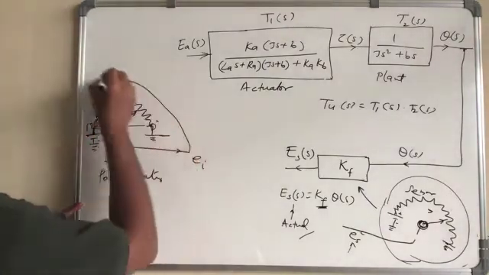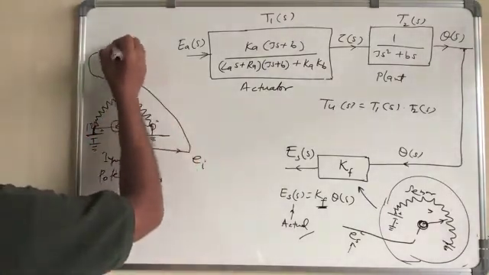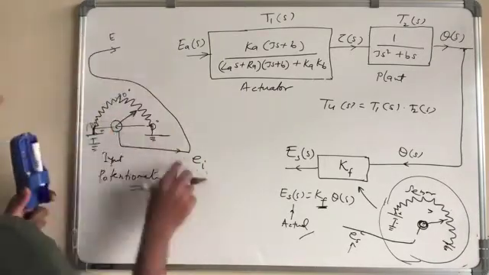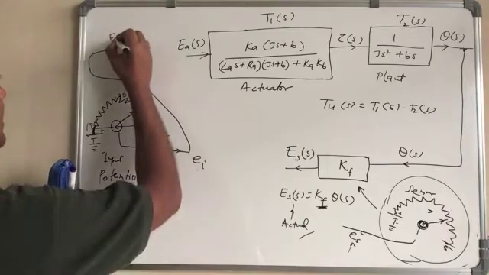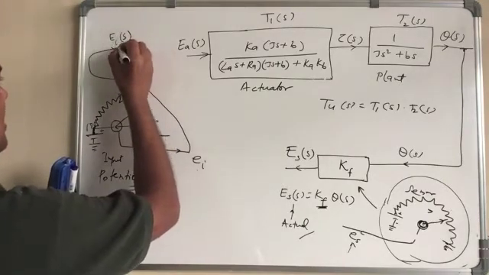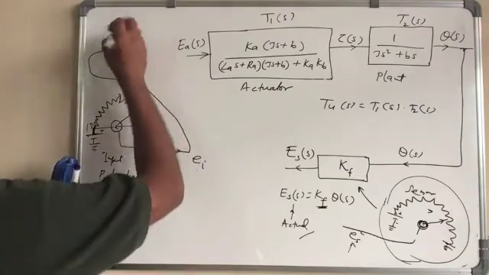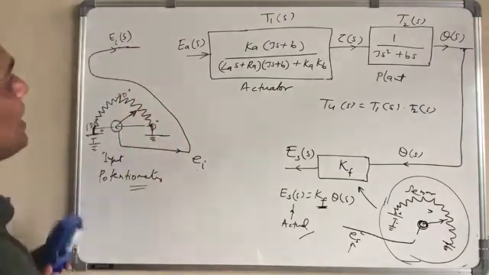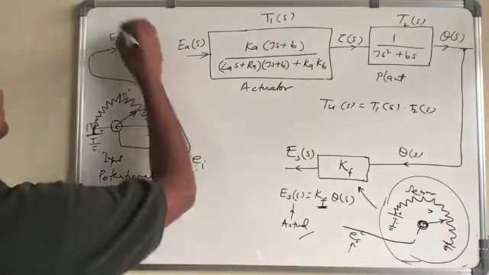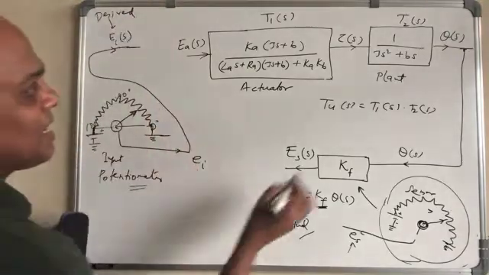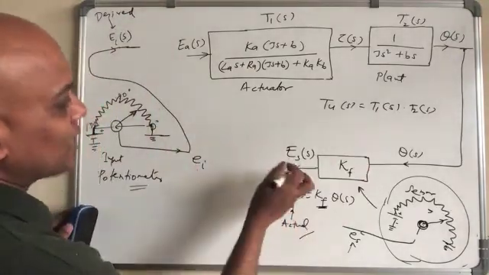From here we are getting the ES part, and we take the EI part. We have taken the Laplace transform of that. This is the desired one, and this one is the actual.